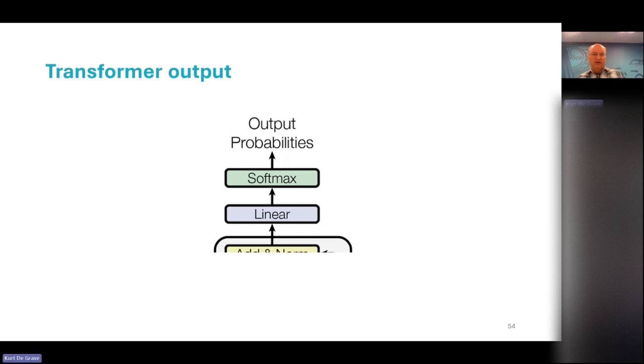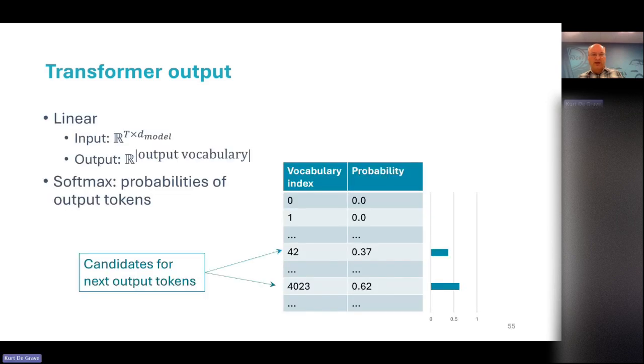And at the very end, after so many decoder steps, there is again a linear layer, the shortest possible multi-layer perceptron, which is not really multi-layer, just one layer of perceptrons. And then softmax.